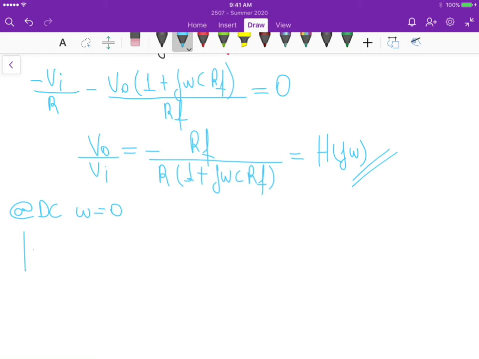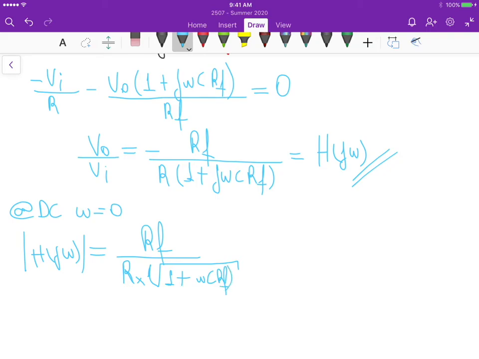The magnitude of H of j omega overall is equal to RF, because that's the magnitude of the numerator, minus RF becomes just RF. And then here we have R times the square root of 1 plus omega C RF, everything squared, right?